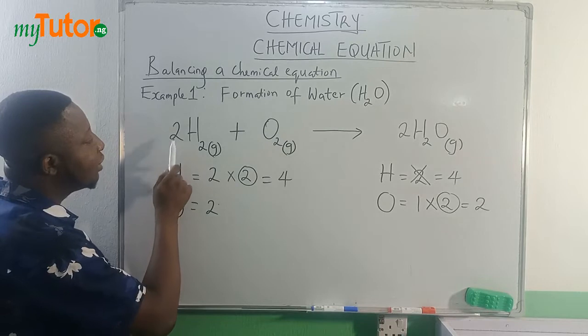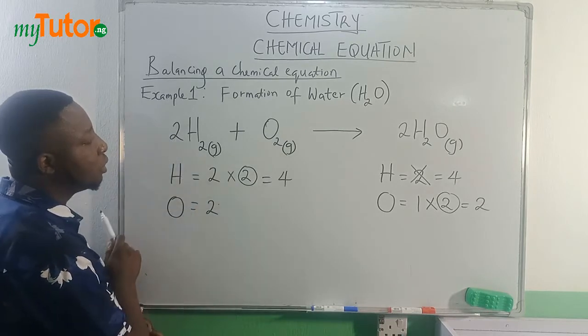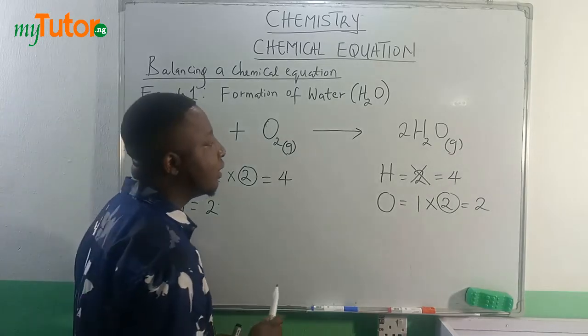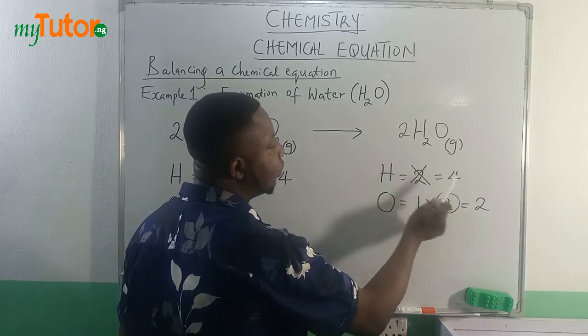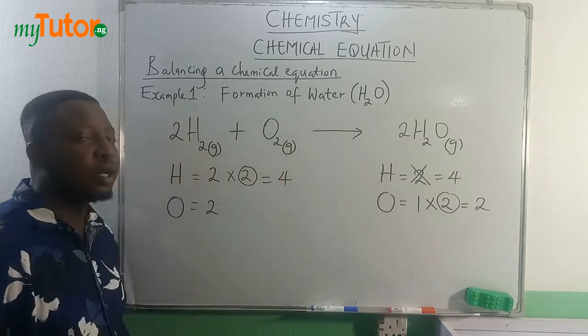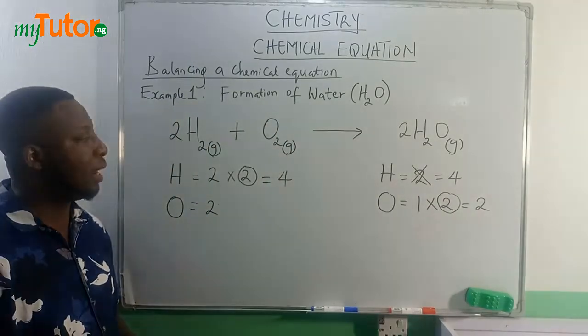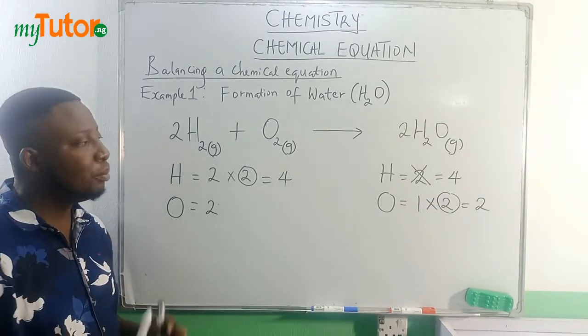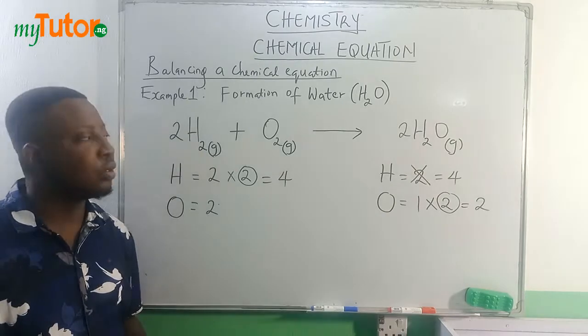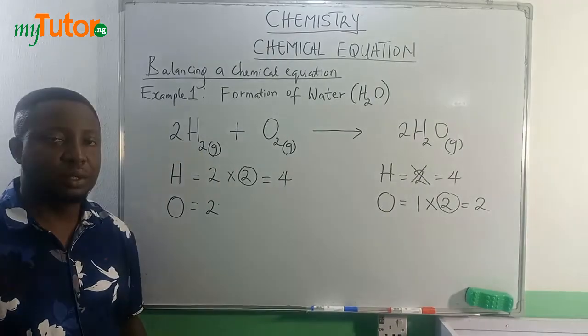On the left hand side, we have 4 atoms of hydrogen and 2 atoms of oxygen, while on the right hand side, we have 4 atoms of hydrogen and 2 atoms of oxygen. So the equation is now balanced because we have equal number of atoms of each element on both sides of the equation.